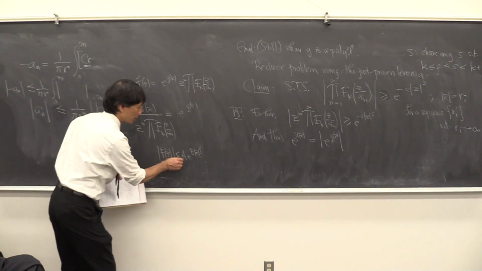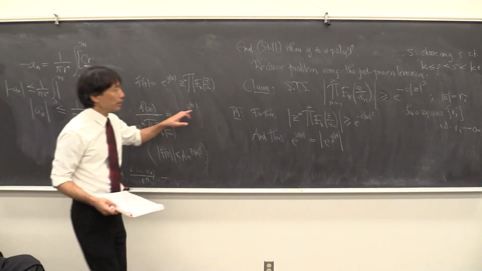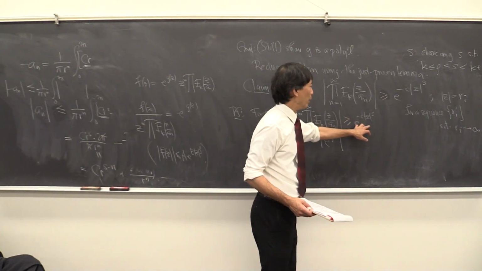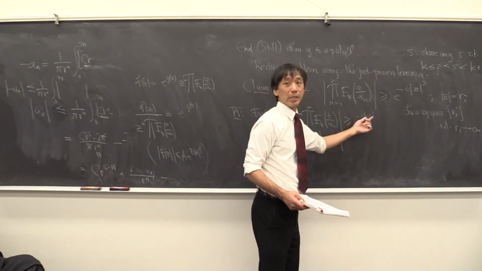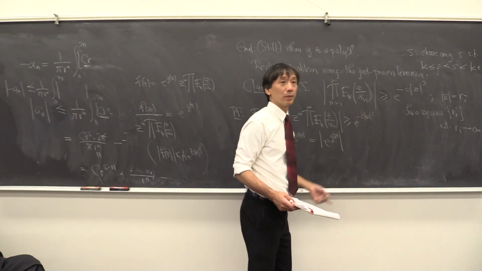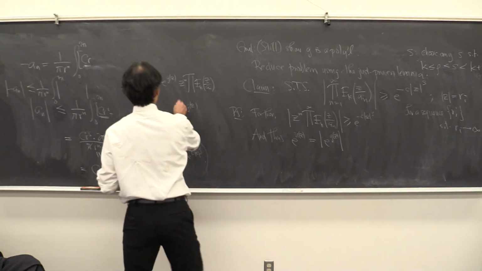And we know that this guy is bounded below by this, so its reciprocal is bounded above by e to the c z to the s. So what does that tell us?